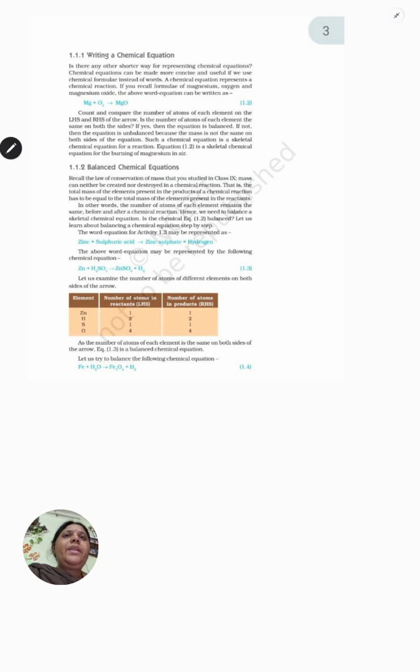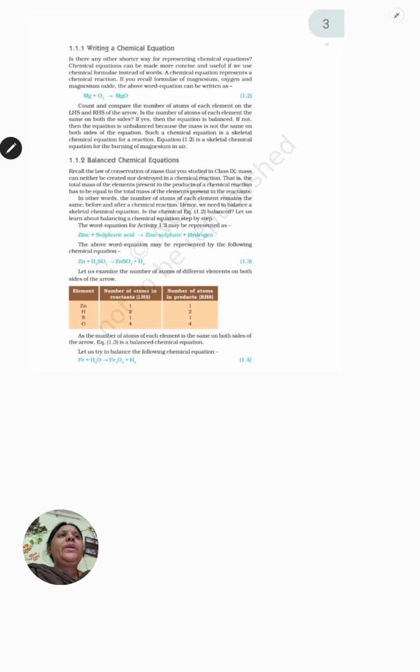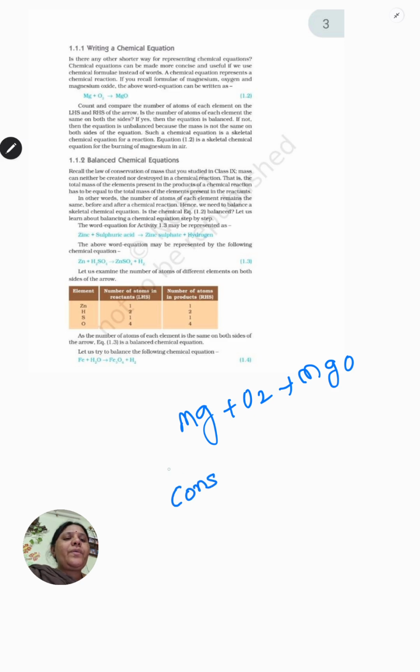So Mg plus O2 is not a balanced equation. Why do we need to balance the equation? The reason is the concept you already learned in previous classes, the law of conservation of mass.